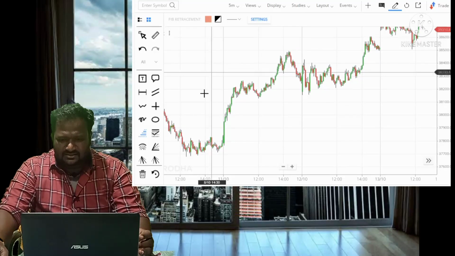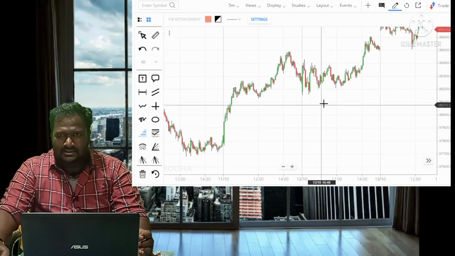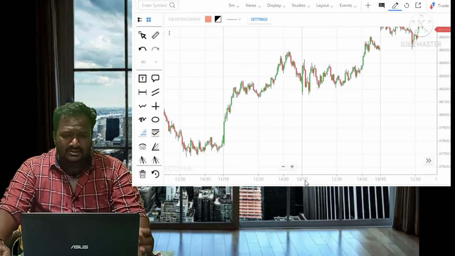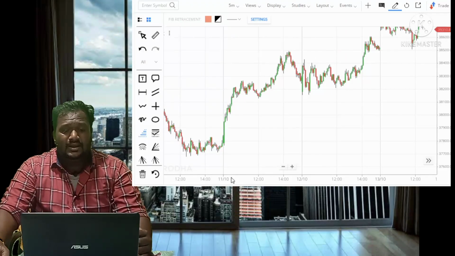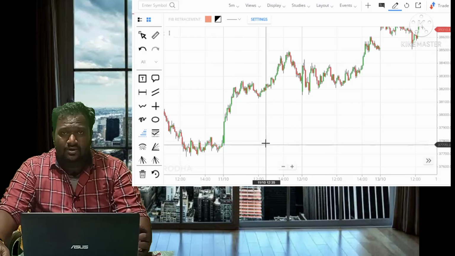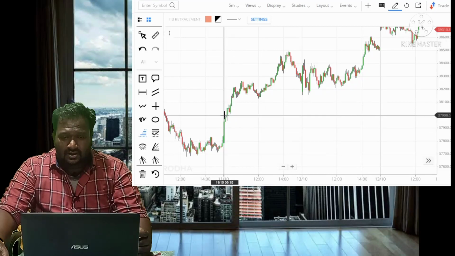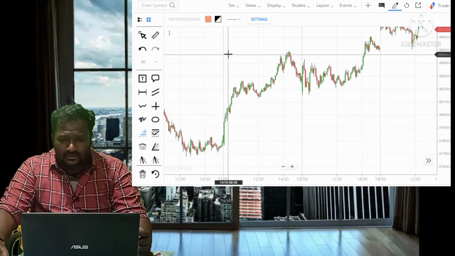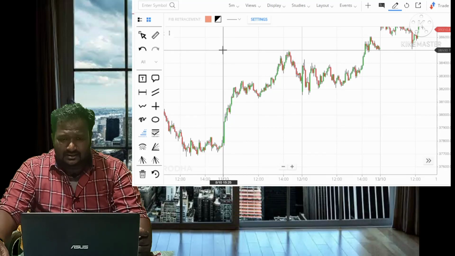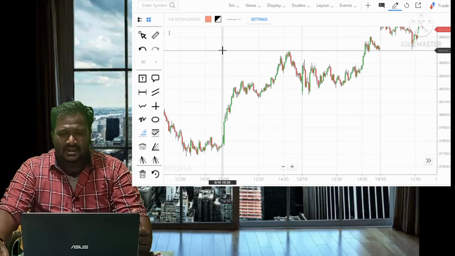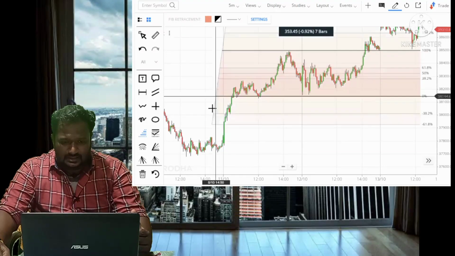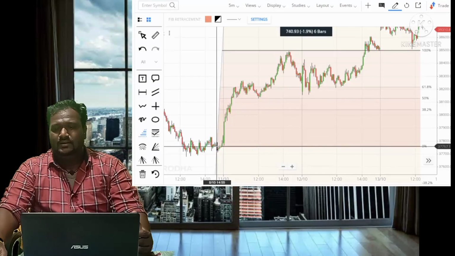I am going to trade on the 12th, so I go to the previous day and draw the Fib retracement. How I am drawing: on the 11th, I click on the day's high point, then come down and click on the low of the 11th.